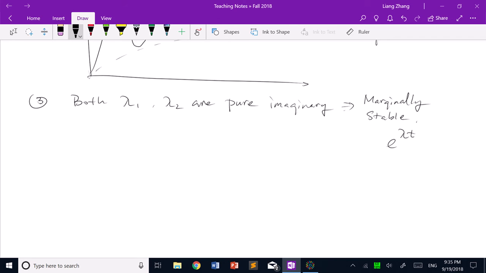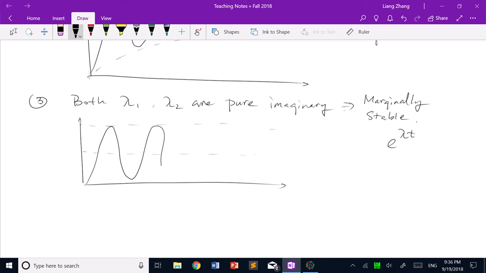And if lambdas are pure imaginary numbers, then e to the lambda t will be just sinusoidals. And for the output, that's what you will see: sinusoidal output.